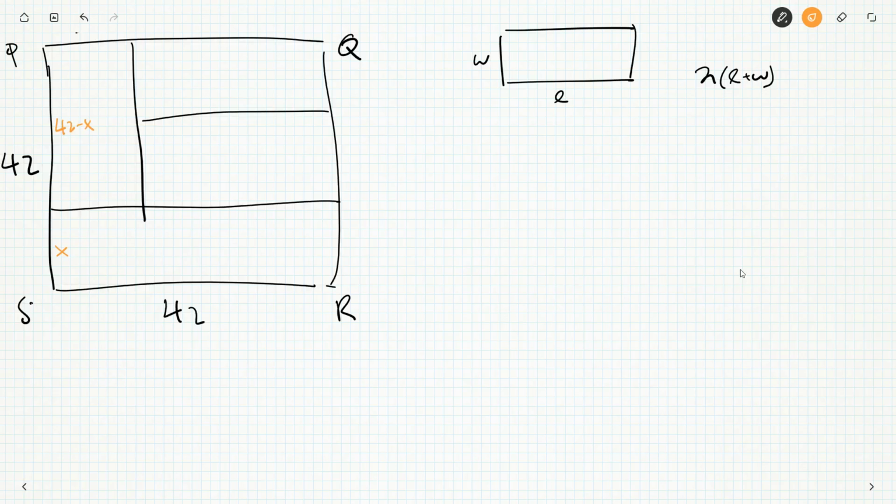And that means both of the... Actually, no, I can't assume that. Okay, so we'll call this length y. And since they're rectangles, that means each of these is y.